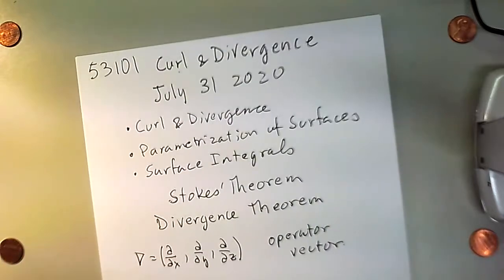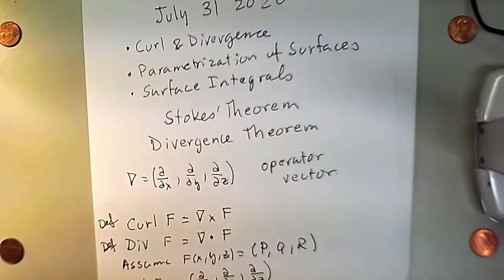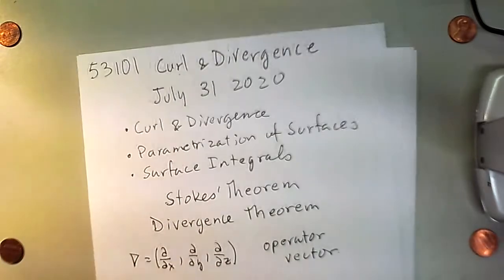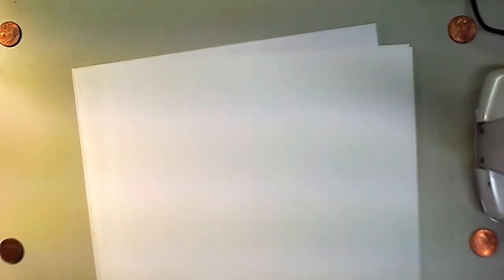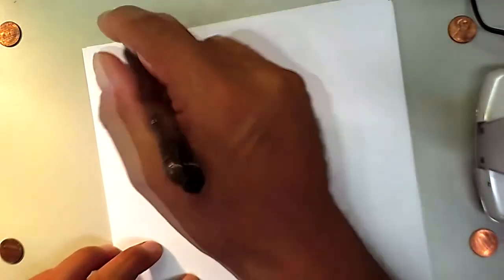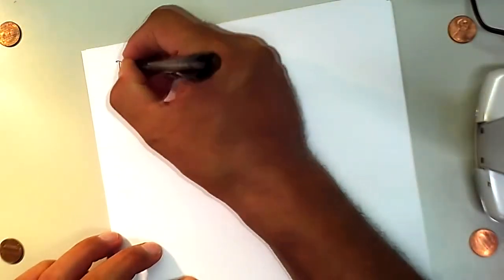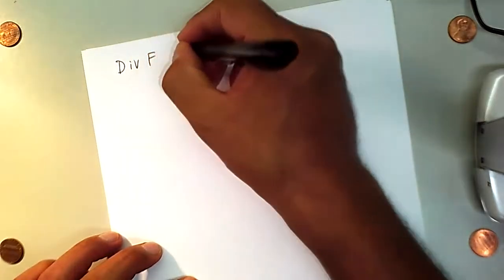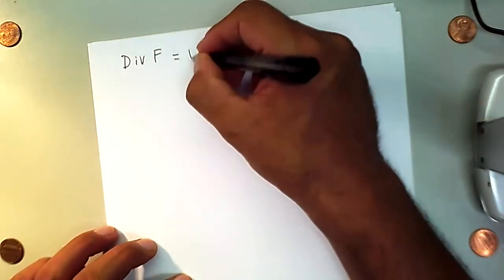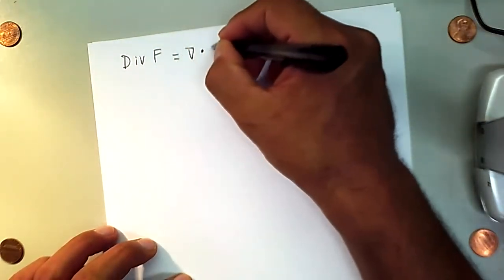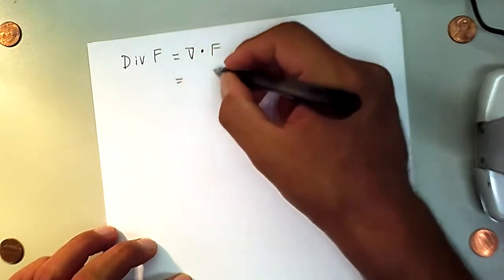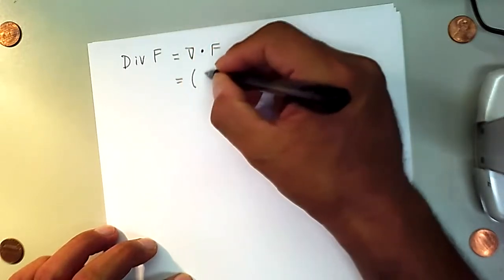On the divergence, on the other hand, we do have exactly the opposite situation. So in this case, we have the gradient operator.